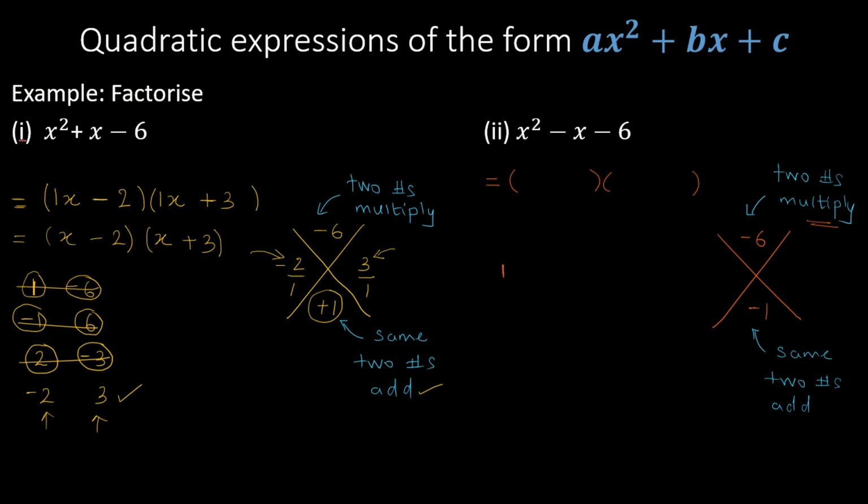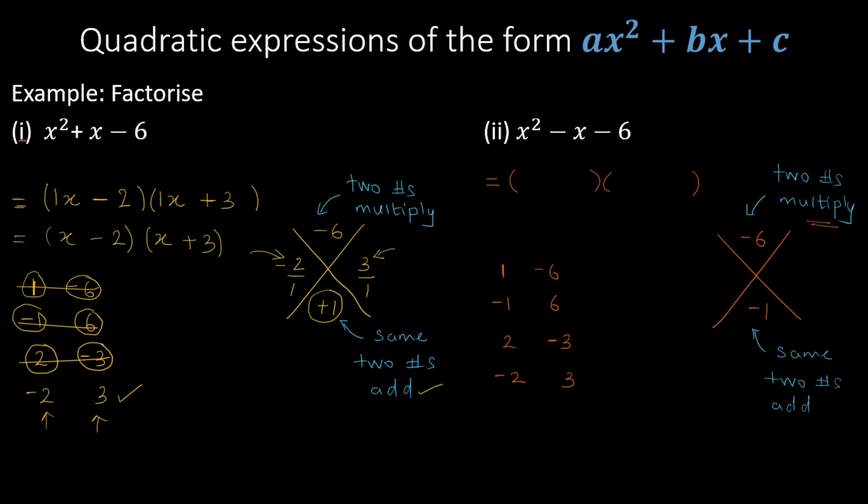1 times negative 6 gives negative 6, or negative 1 times 6 gives negative 6, or 2 times negative 3 gives negative 6, or negative 2 times 3 gives negative 6. There is no other possibility.